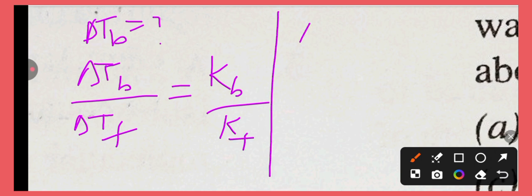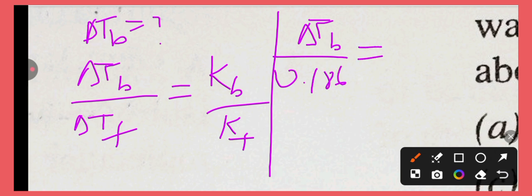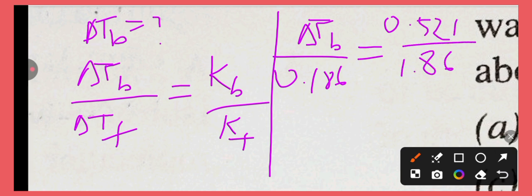Del Tb is equal to Kb divided by Kf times the depression in freezing point given, 0.186. Kb value is given in the question, that is 0.521, divided by 1.86. When we cancel this, 0.1 is present. Exactly the same question has repeated.